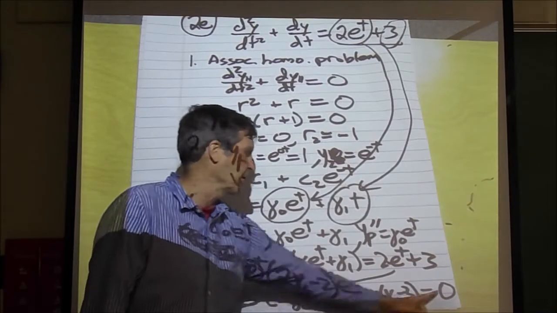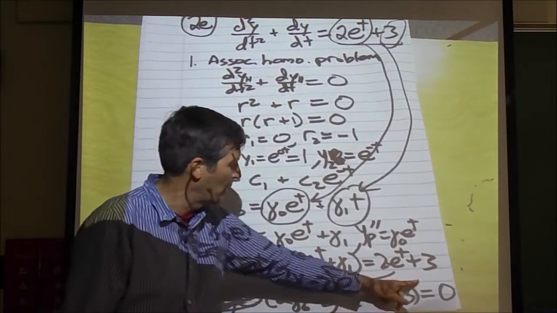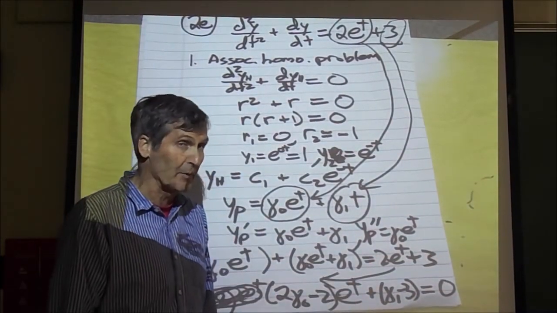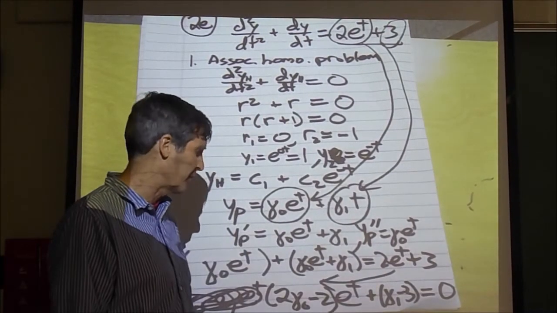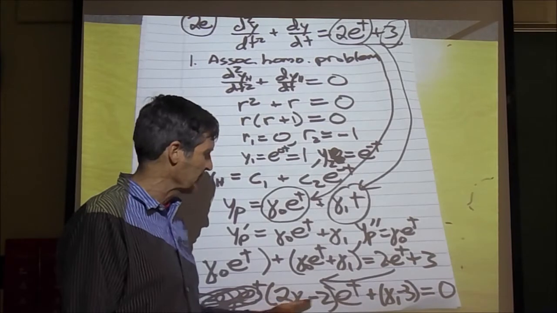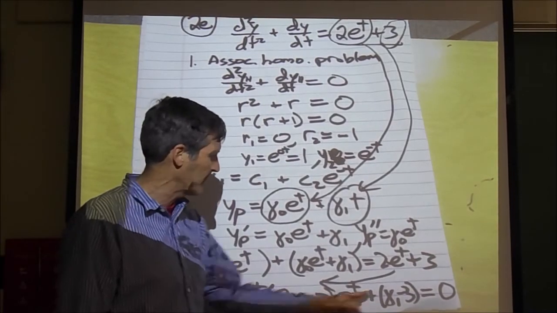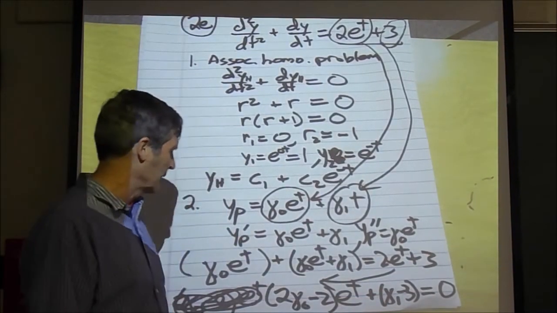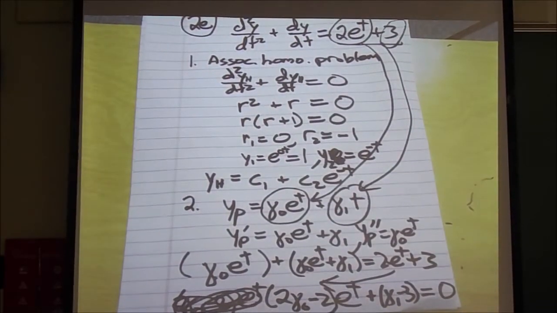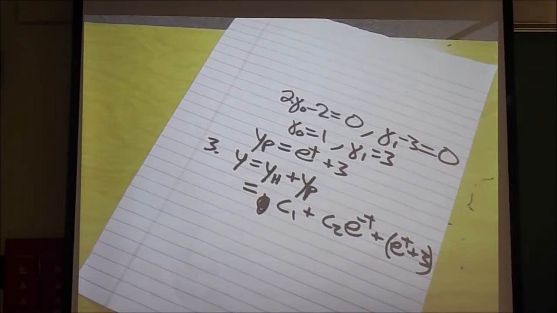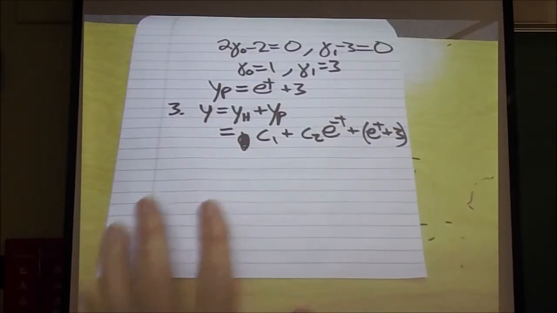So all this has to be equal to 0, but now e to the t and 1 multiplying this one are linearly independent functions. The only way you can make this equal to 0 on an interval with linearly independent functions is if their coefficients are both 0. So 2 gamma 0 minus 2 has to be 0, gamma 1 minus 3 has to be equal to 0, and we get, from those two equations for the two constants, there they are.